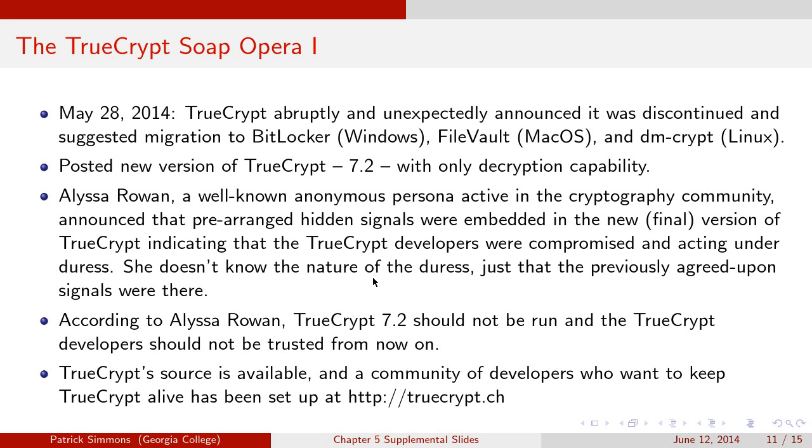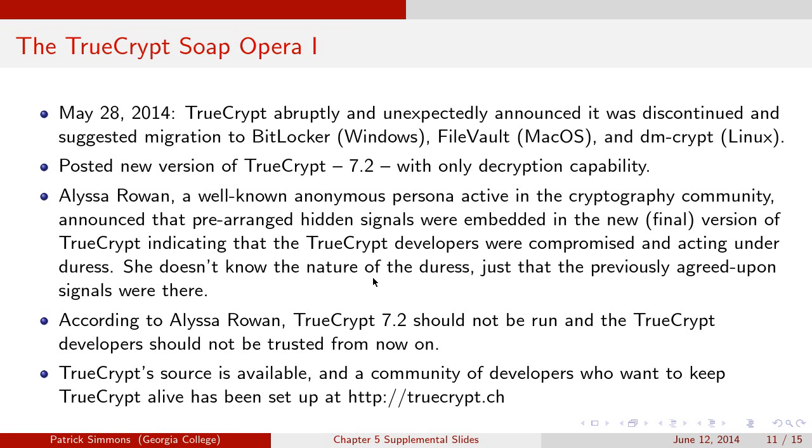On May 28th, 2014, TrueCrypt abruptly and unexpectedly shut down and suggested moving to BitLocker, FileVault, or dm-crypt. They posted a new version of TrueCrypt that only had decryption capability. Now the TrueCrypt developers are, and always have been, completely anonymous.